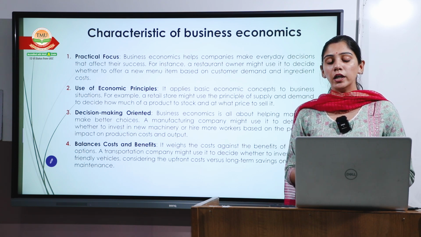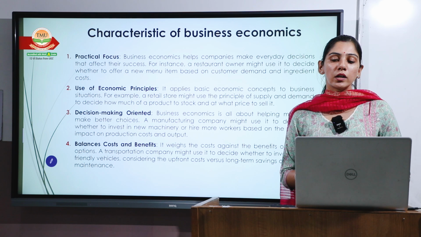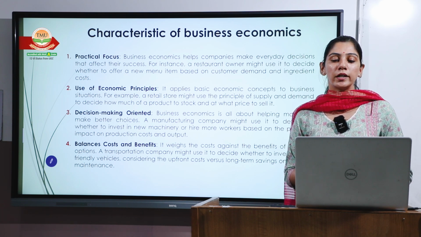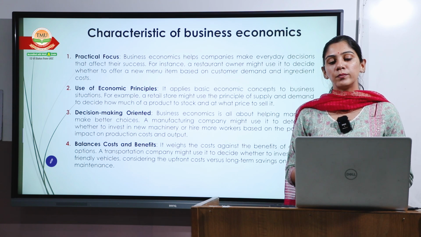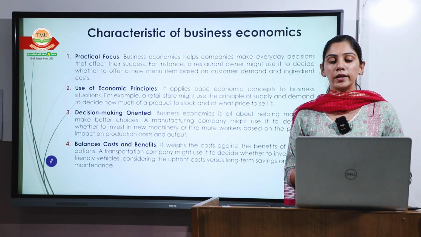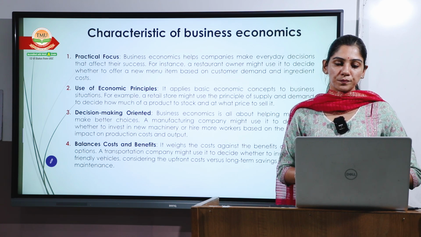For example, a restaurant owner might use it to decide whether to offer a new menu item based on customer demand and ingredient cost.